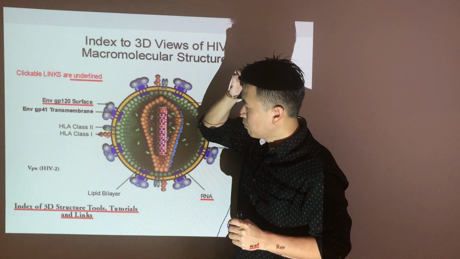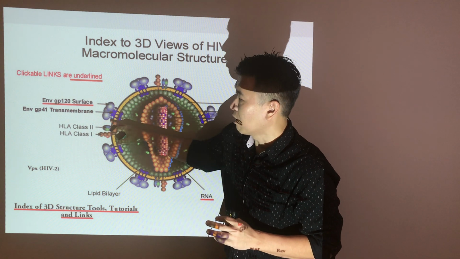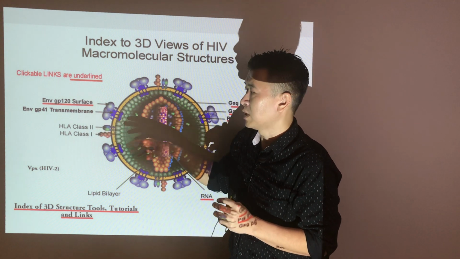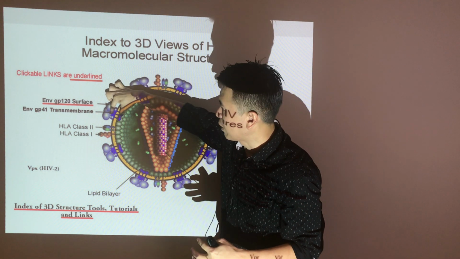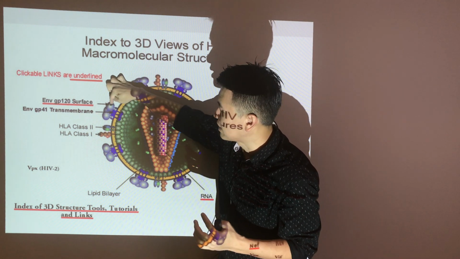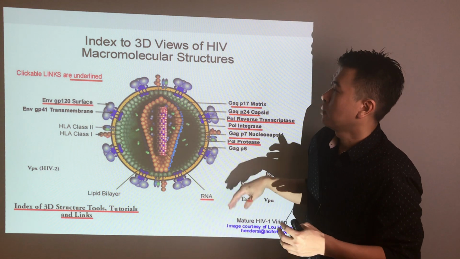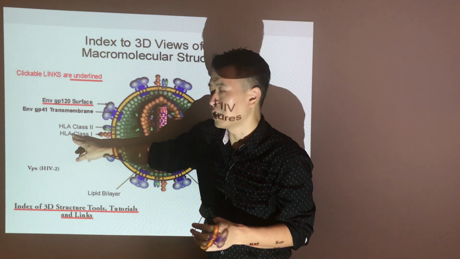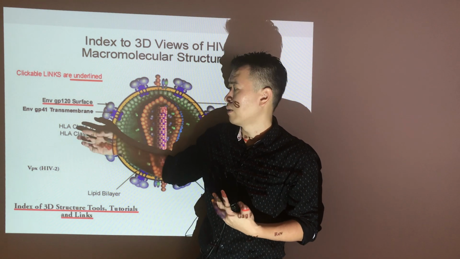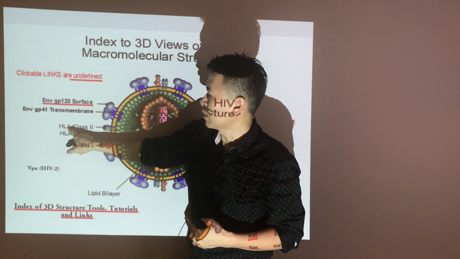All right. So the structure of this surface and transmembrane protein looks like a mushroom, where this is the stem of the mushroom and this is the head of the mushroom. This is the surface protein. You also notice that there are other proteins on this surface, but this is actually the HLA, human lymphocyte antigens.